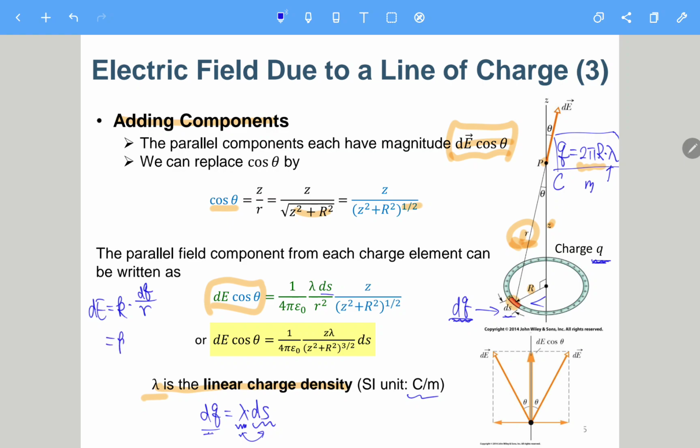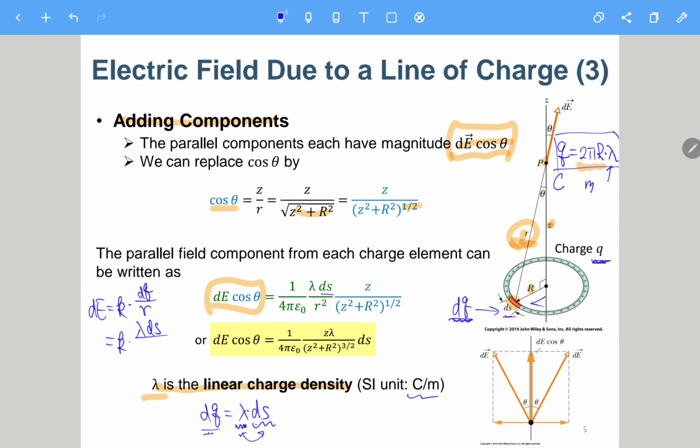So this becomes k times dq, which is lambda ds, and ds can be integrated, because we need to integrate over the ring. If we write it as dq, we have no means to integrate it.